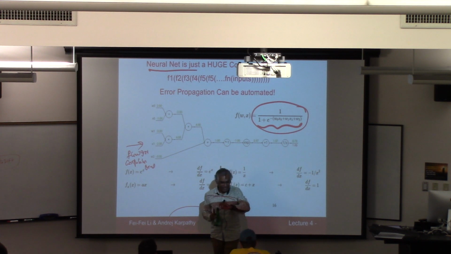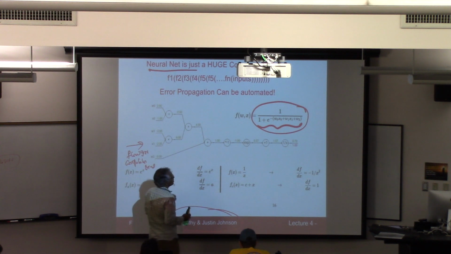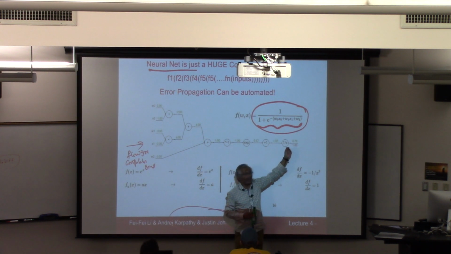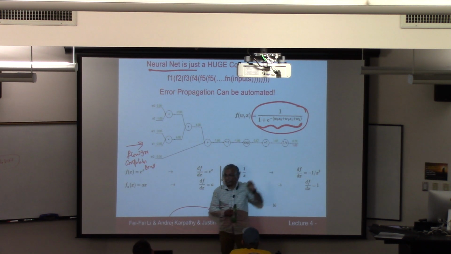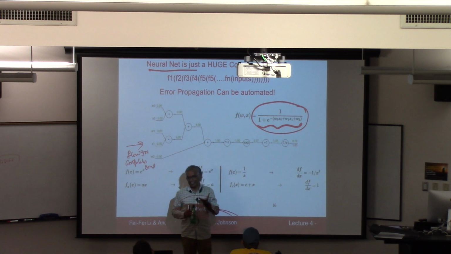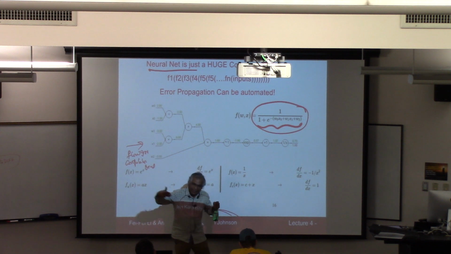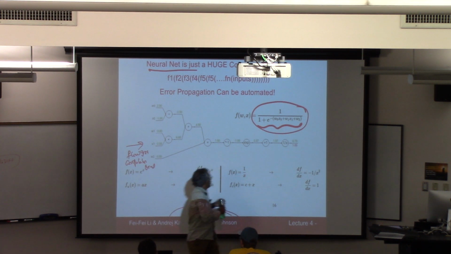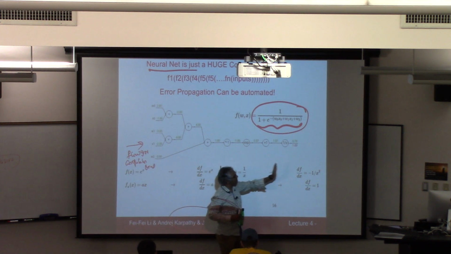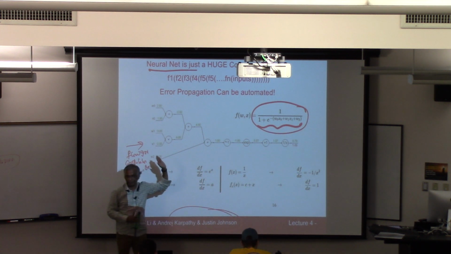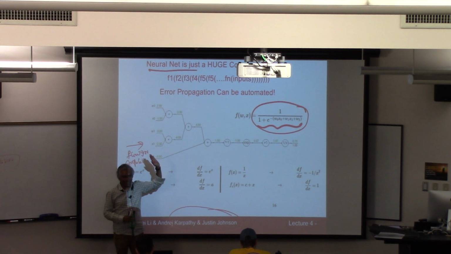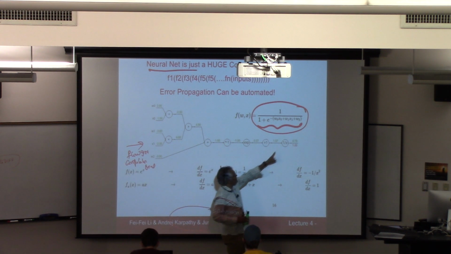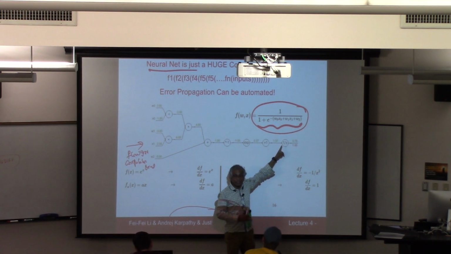Now, when you're going in the backward direction, for every place, you need to take the local gradient, multiply, and then combine it with the gradient coming back. So the inputs go in the forward direction, the gradients go in the backward direction. Now the only interesting question, of course, is that when I come to 1 over x, I need to know what is the gradient for 1 over x.